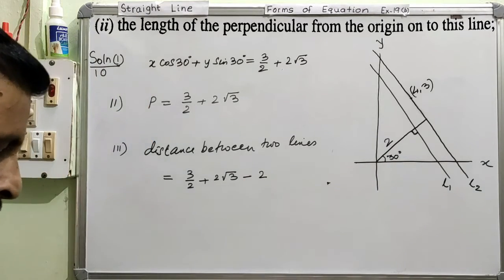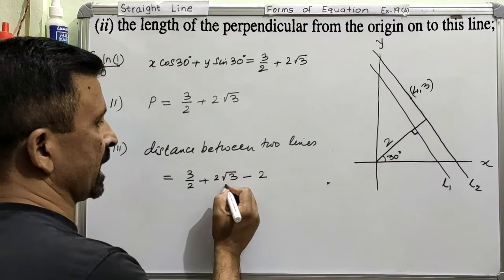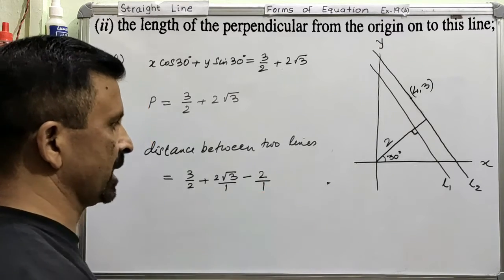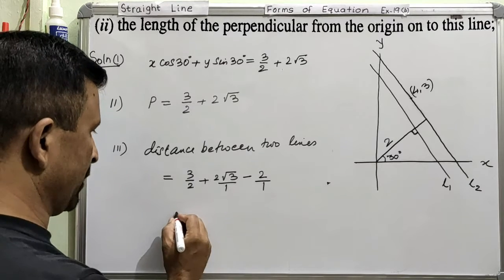Is it okay? Now we need to simplify. I will consider this also as a fraction, and this also as a fraction. Is this okay? So that the simplification becomes easy for me.